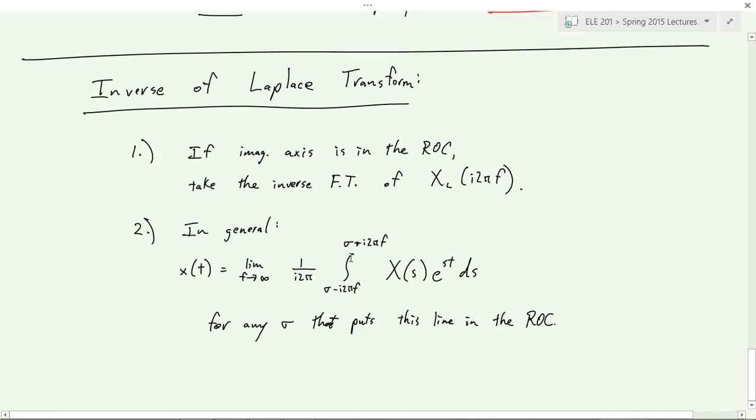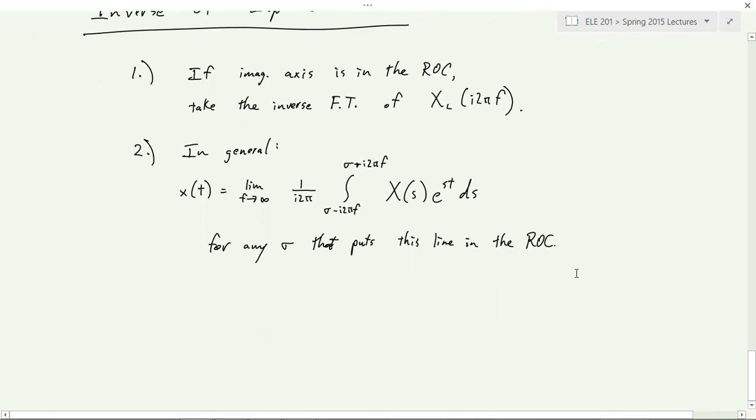It's saying just take any vertical line in the region of convergence and do an integral there of this thing. So basically just find any line in the region of convergence and do the integral. Now we could rewrite this in a way that maybe is simpler to internalize: if you do a change of variables in ds to make it df, you're going to get that this is the integral from negative infinity to infinity.